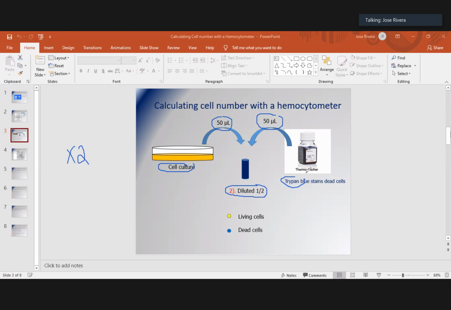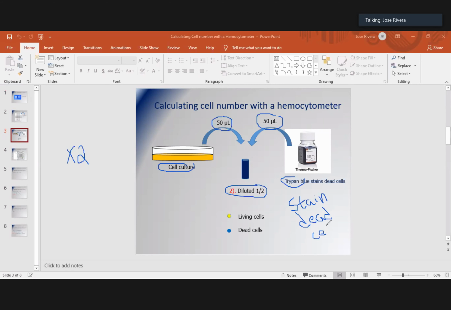So what happens with trypan blue is that trypan blue stains cells that are dead. Okay, so trypan blue will stain dead cells. And this is because the membrane of dead cells is not stable anymore.